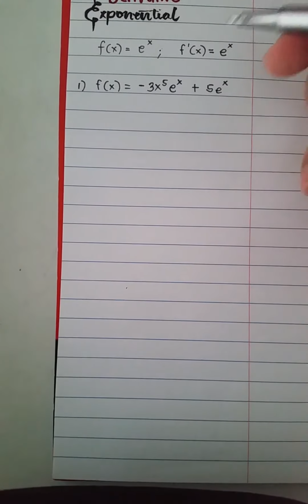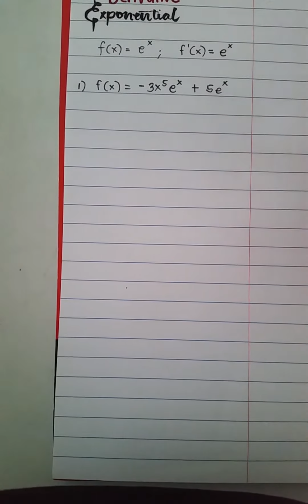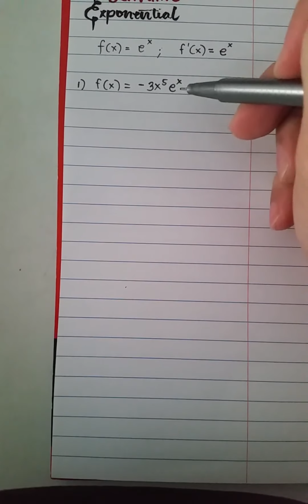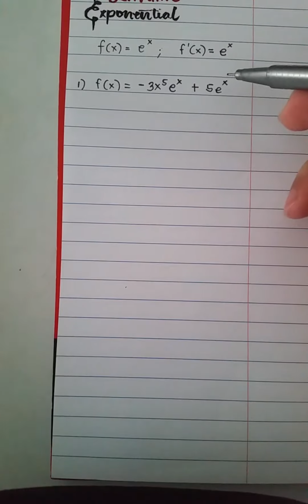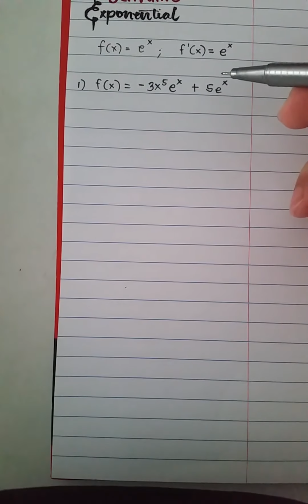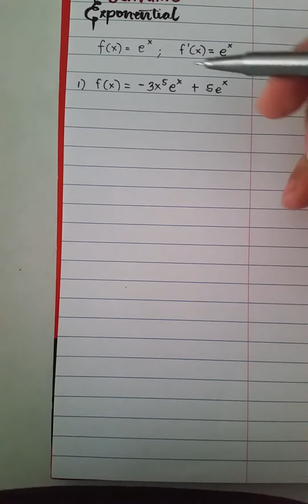But before we proceed, let us first analyze what's the given function. In here we have two terms. We have the negative 3x to the fifth times e to the x plus 5e to the x power. So we will be applying the sum and difference rule.